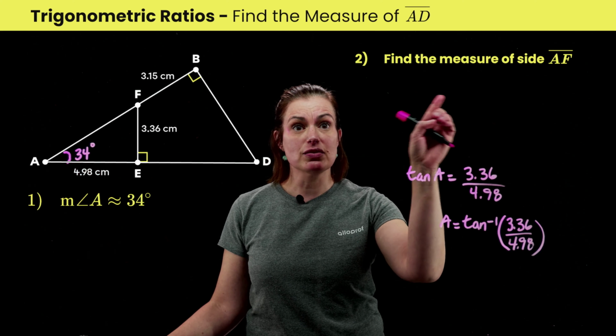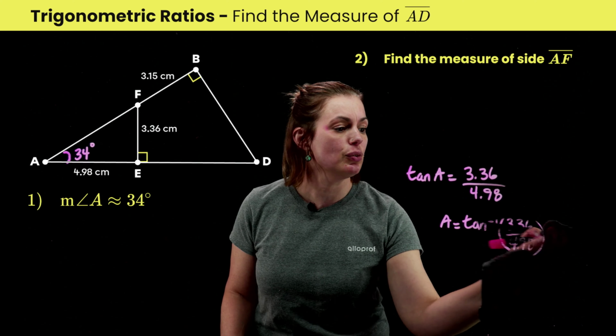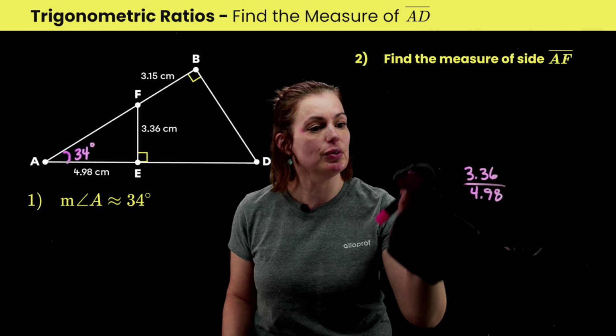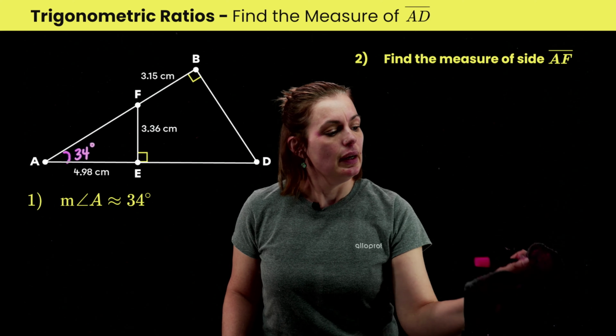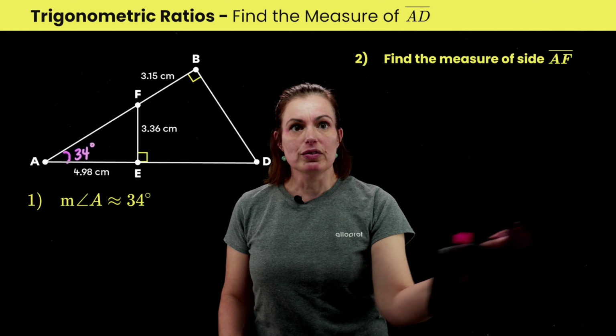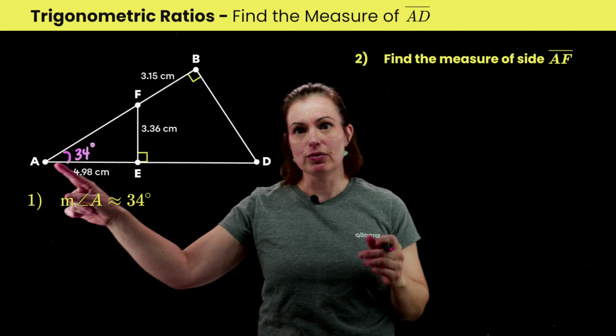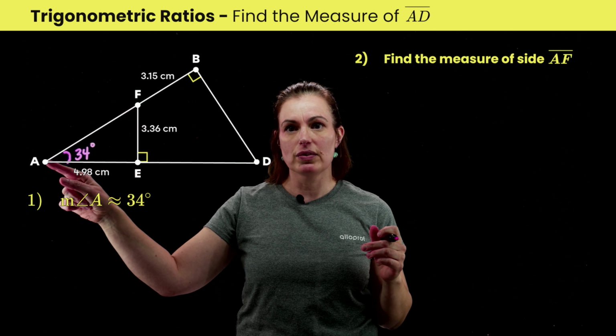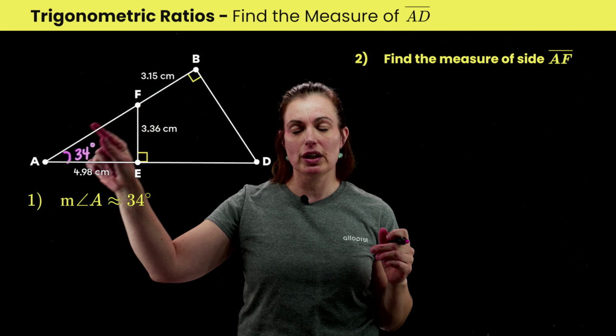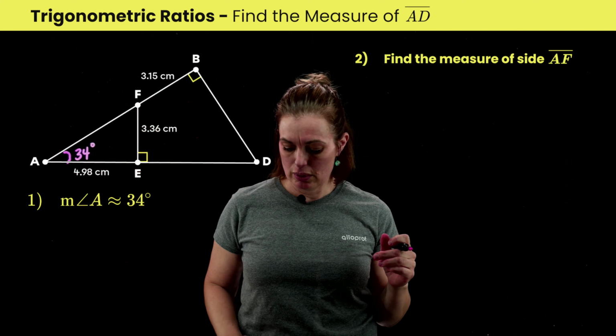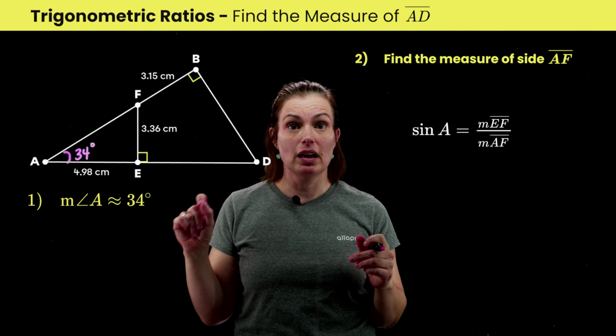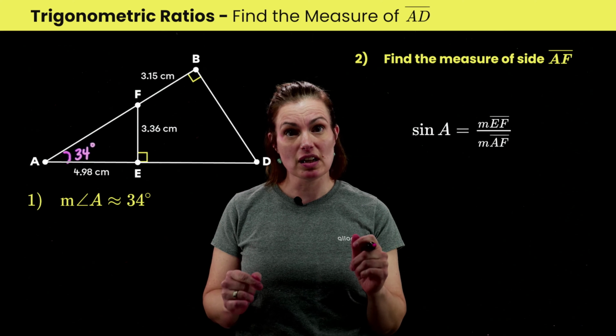I can now use that to find the measure of side AF. So I'm just going to create a little space for myself here by erasing my previous work. And in order to find the measure of the side AF, well, AF is the hypotenuse of this smaller right triangle. And so I can find that measure by using the sine ratio.